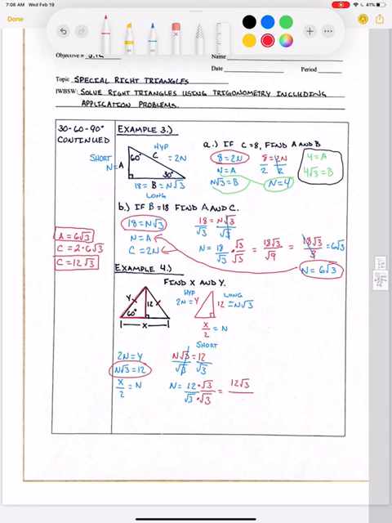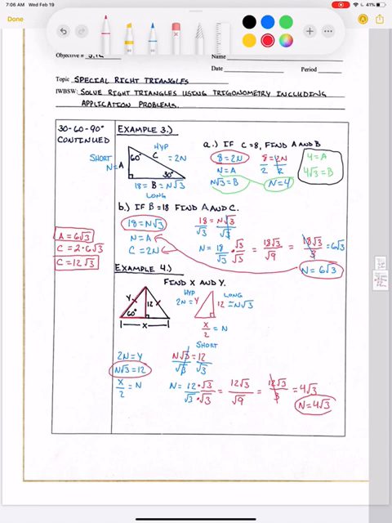The bottom is going to be the square root of 3 times the square root of 3, which is the square root of 9, and that will become 3. So 12 square roots of 3 over 3. The last thing is that 12 divided by 3 is going to become 4, so this is 4 square roots of 3. So n equals 4 square roots of 3.